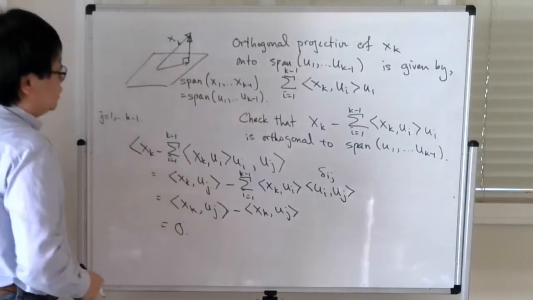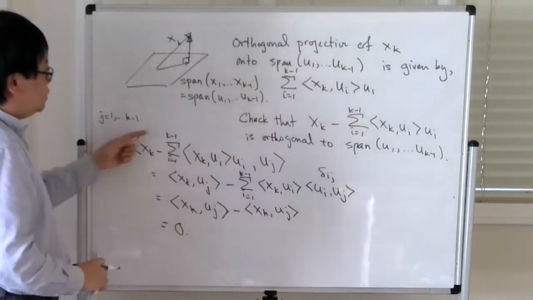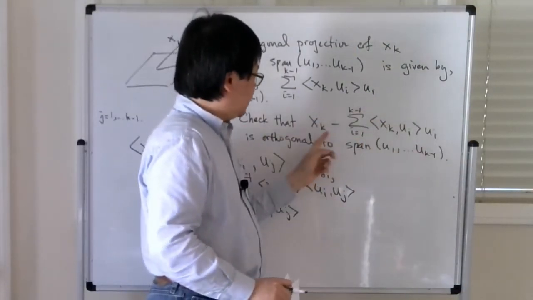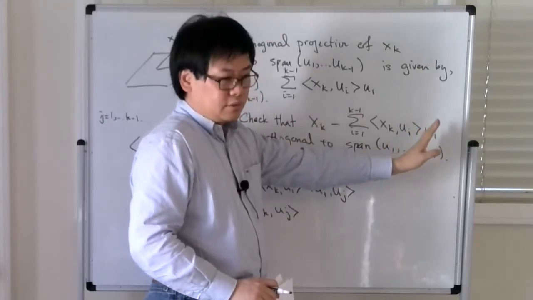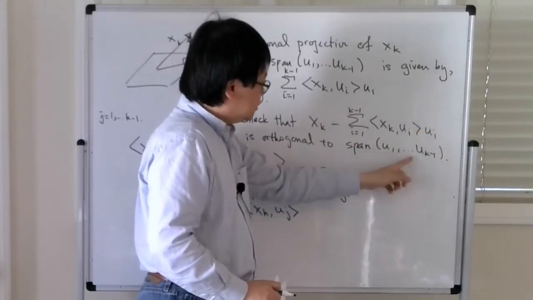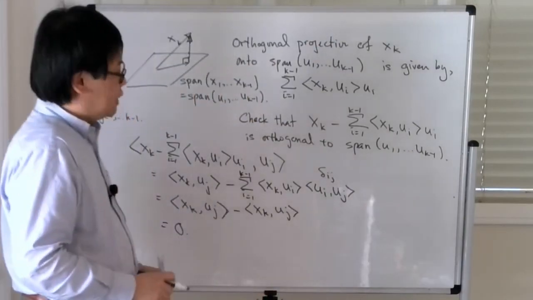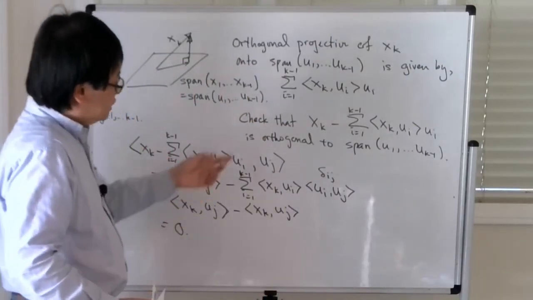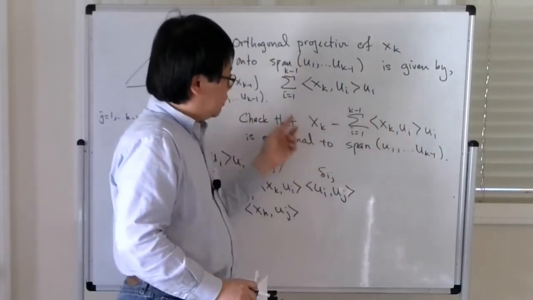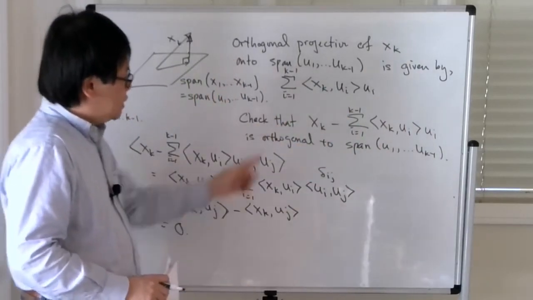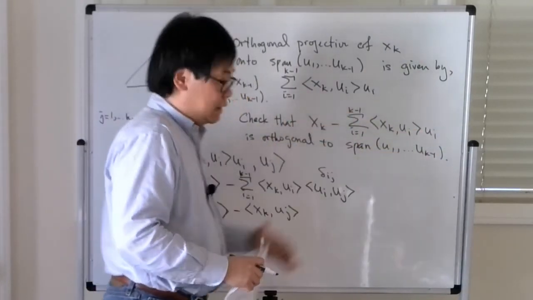So that allows you to conclude that this object, xk minus the orthogonal projection, is indeed orthogonal to u1 to uk minus 1. And all that remains in order to compute uk is to normalize this entry.